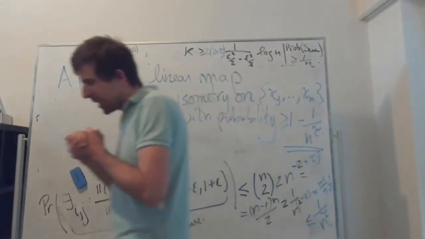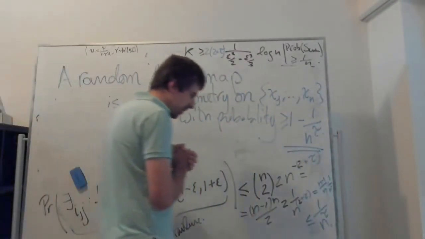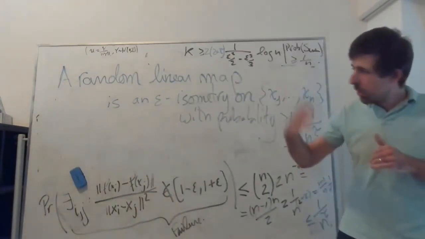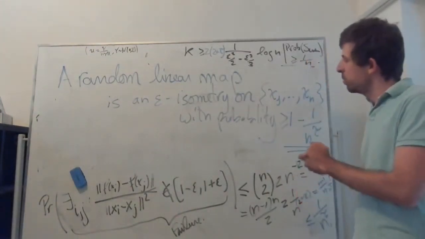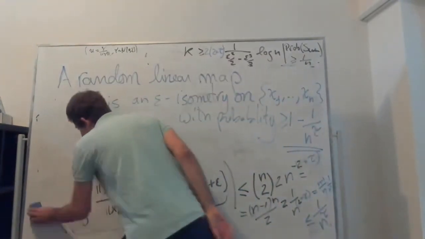So let's keep thinking about this streaming example. We have data points that are coming in. We drew a random linear projection, and now we have points that keep coming in.